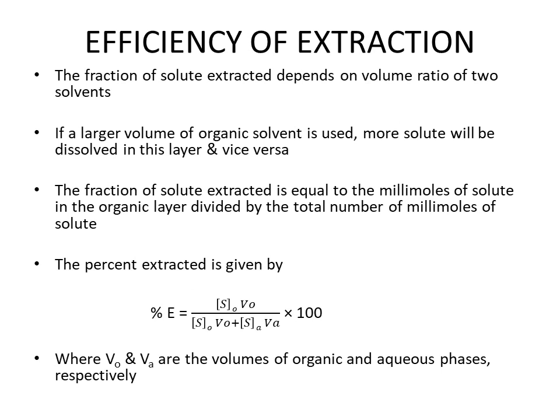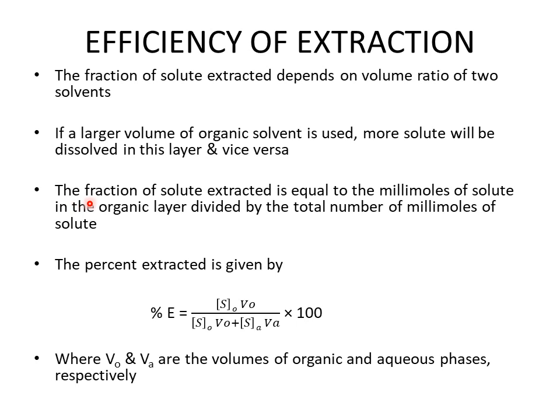Now we will see how the efficiency of extraction is calculated. The fraction of solute extracted depends on the volume ratio of the two solvents. If a larger volume of organic solvent is used, more solute will be dissolved in this layer and vice versa. So it's clear from here that the greater the volume of the organic layer, the greater the extraction in this layer.